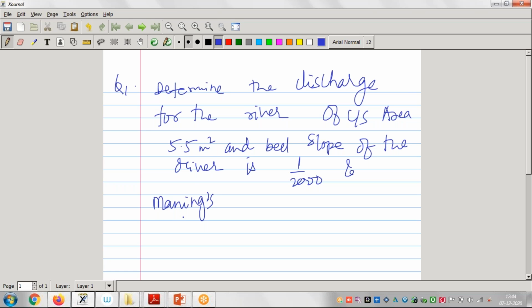Manning is a scientist. Manning's coefficient means n value. Manning's coefficient is 0.05, right?